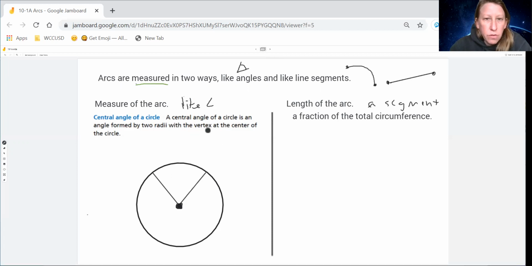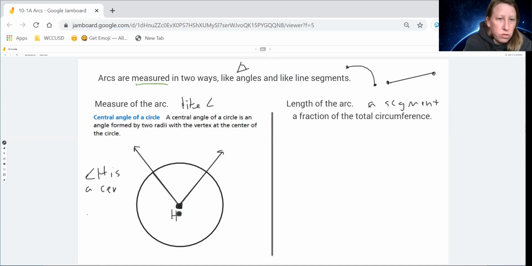And it has the vertex at the center of the angle. I'm going to call it point H. Hello, circle H. Hello, central angle. Okay, and I could actually show you the rest of the angle. Our angle goes through like this. Angle H is a central angle because its vertex is on the center.